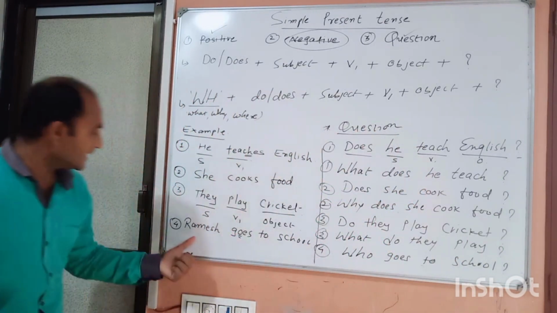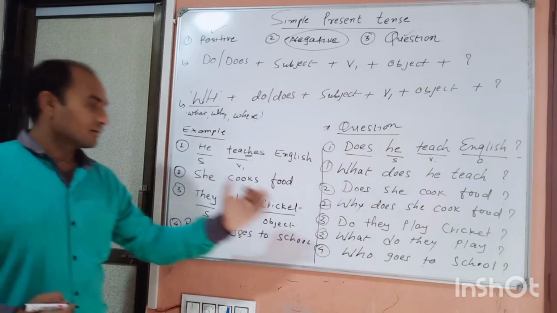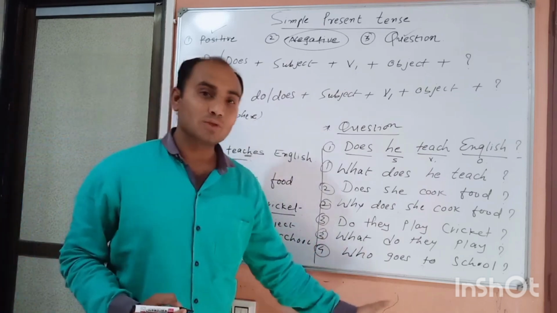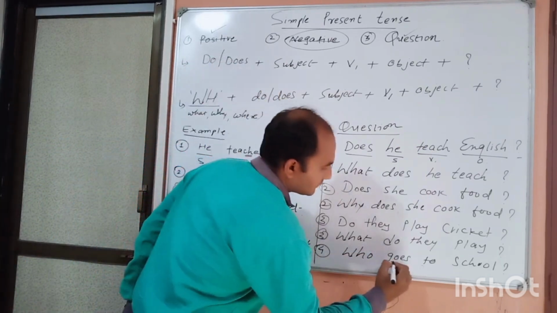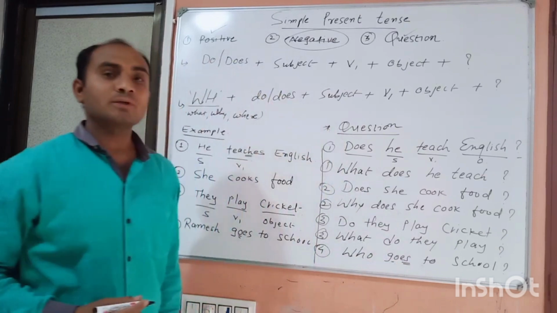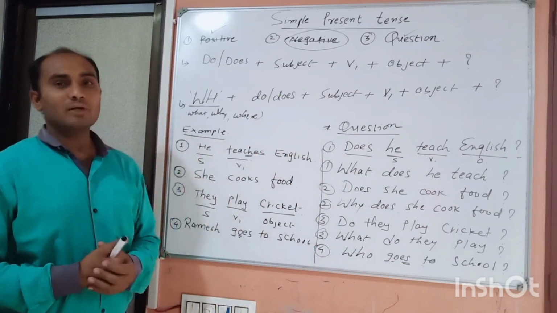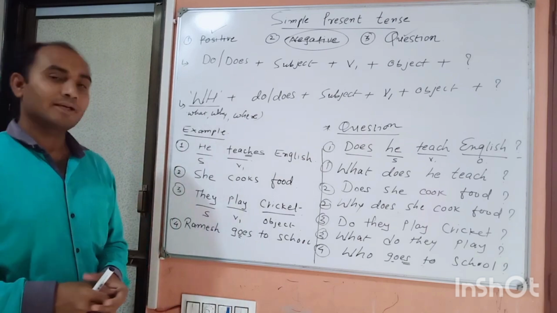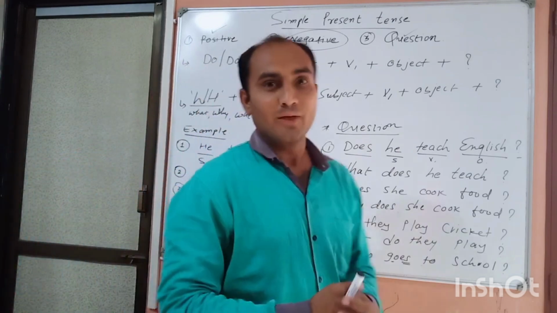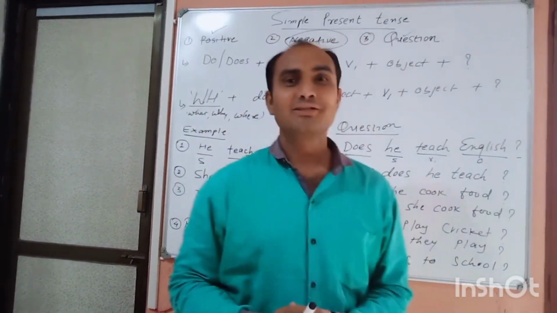That means we will get the answer: Ramesh goes to school. Here compulsorily we have to put S or ES. So in this way you will practice more and more examples, and I hope that you can understand the simple present tense very well.